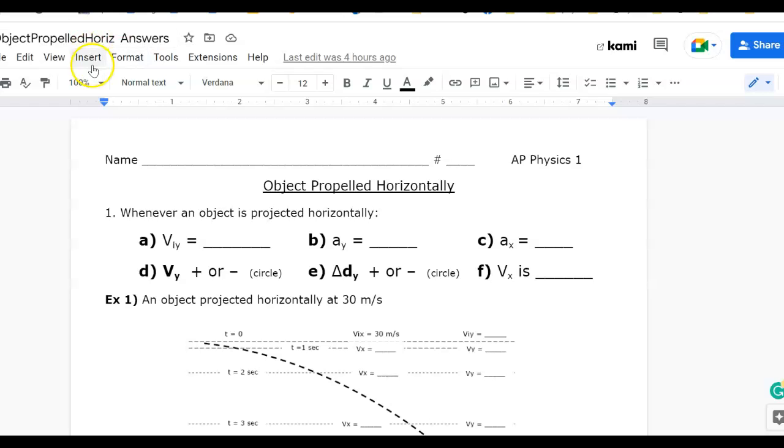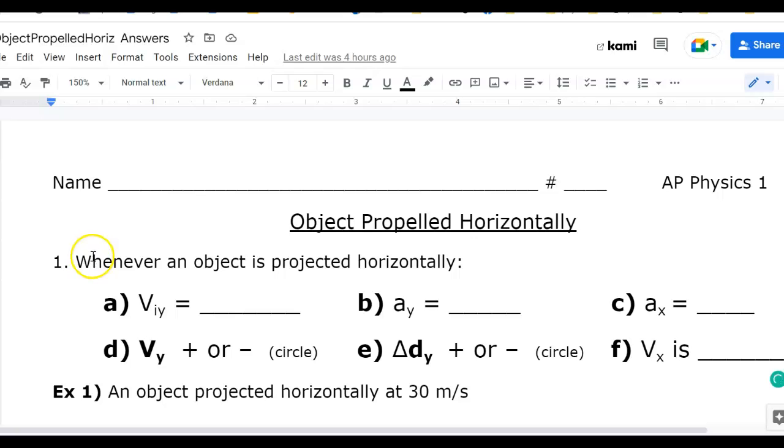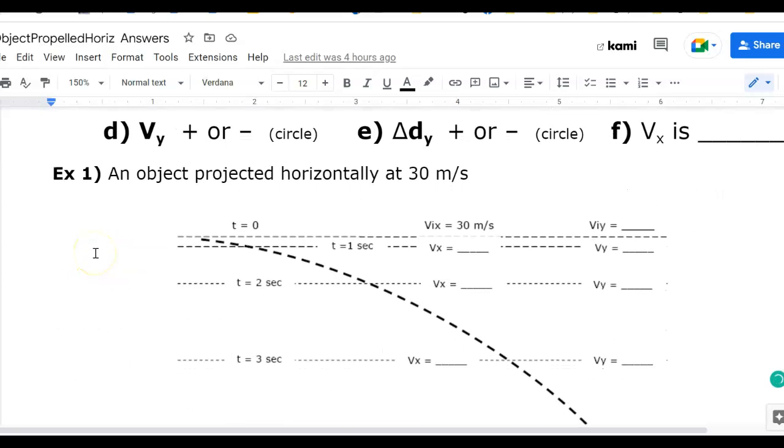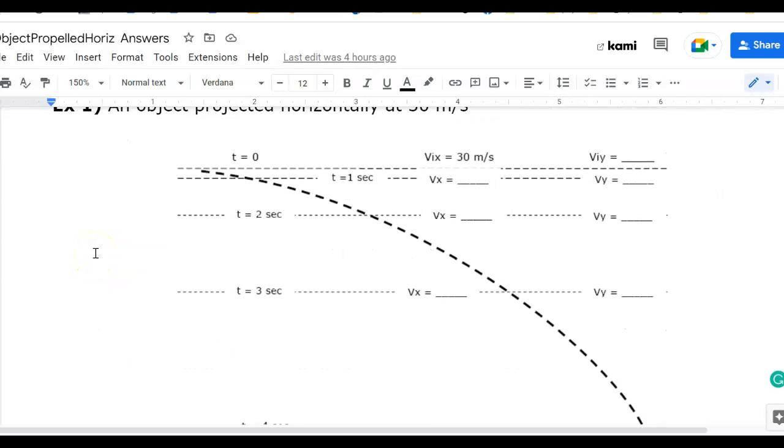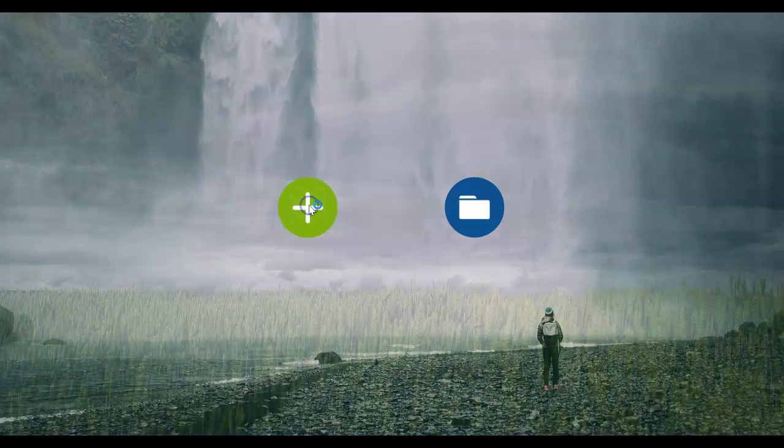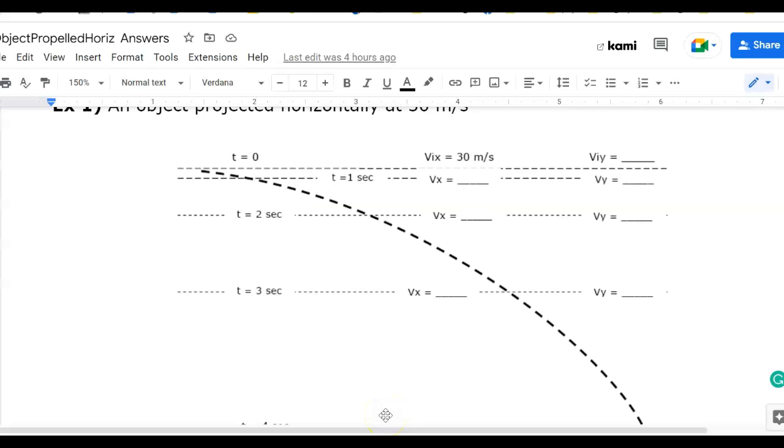The nitty gritty, let me make this nice and big. It's going to be a little tough. This is the path of a projectile. Let's put some dots here representing the position of the ball. We're going to say this is the projectile path for an object projected horizontally, and it starts out right here at t equals 0.